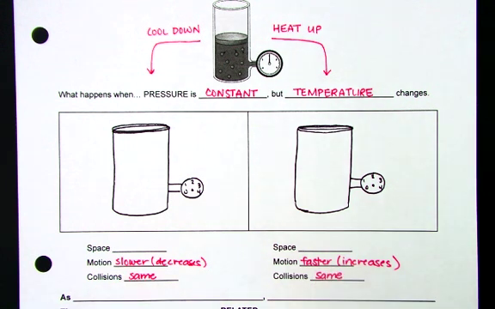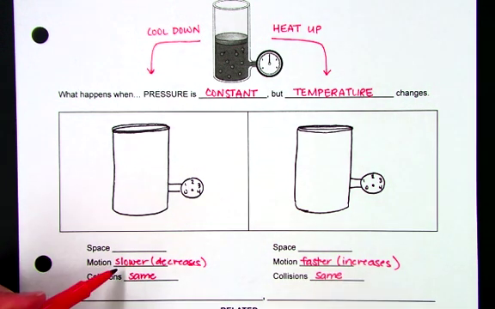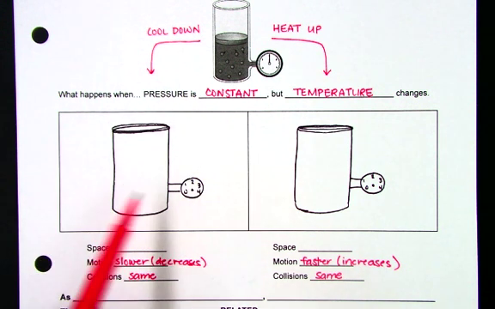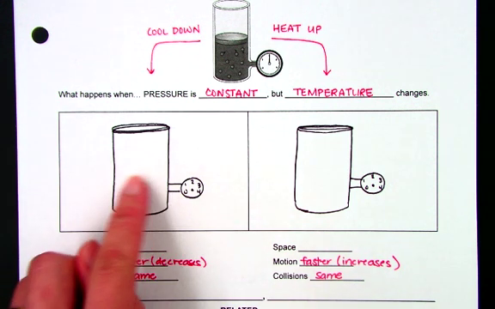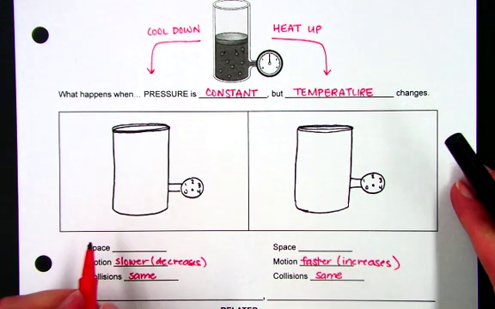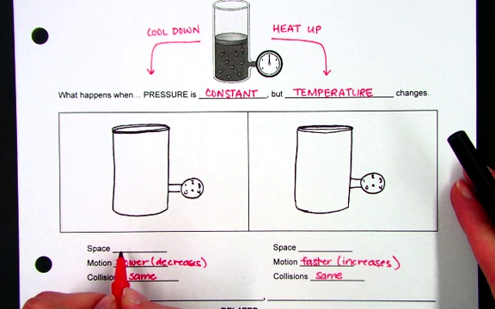Good. So then here's my question, right? If the motion is slower and there's the same number of collisions, what's going to happen to the space? If my particles are moving slower, but it still has to maintain the same number of collisions, what's going to happen to the space inside my container? What do you think?